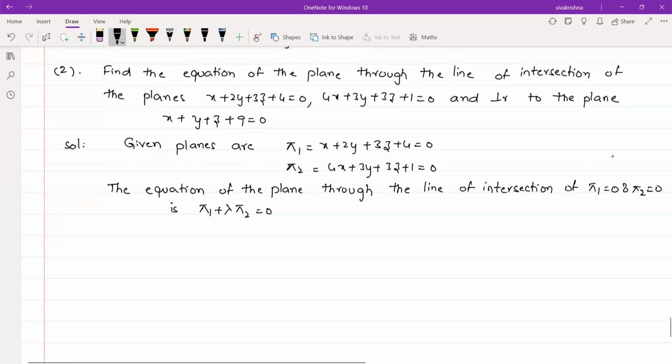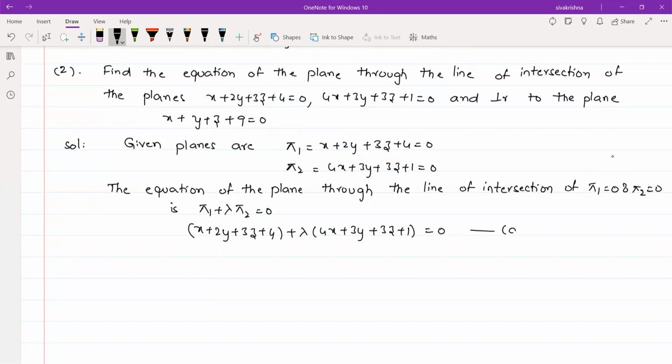So in this equation we have to substitute the values so that we get x plus 2y plus 3z plus 4, okay, plus lambda into pi2, which is 4x plus 3y plus 3z plus 1, is equal to 0. So treat this as equation A. Okay, so once again we write this equation by taking x common so that we get 1 plus 4 lambda.